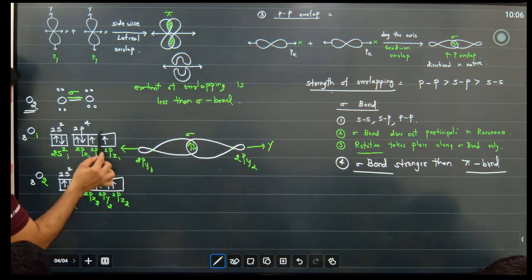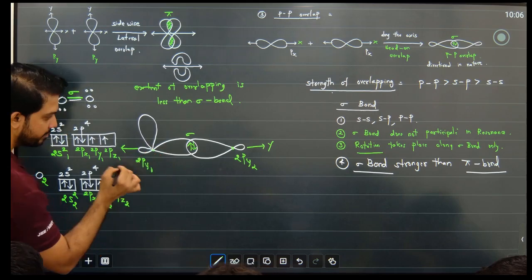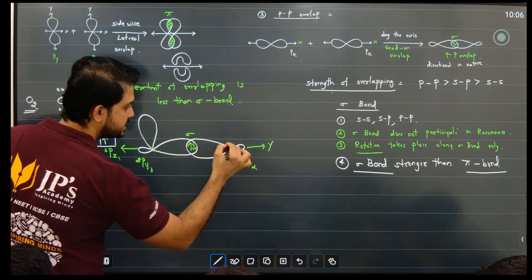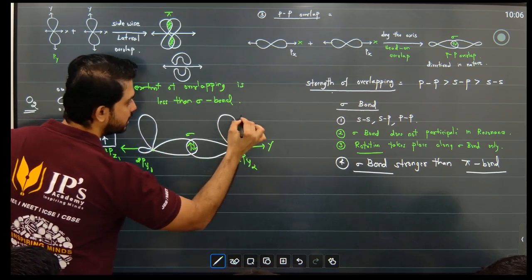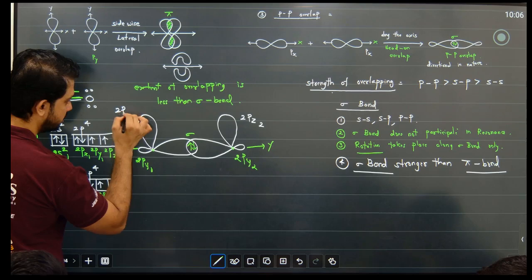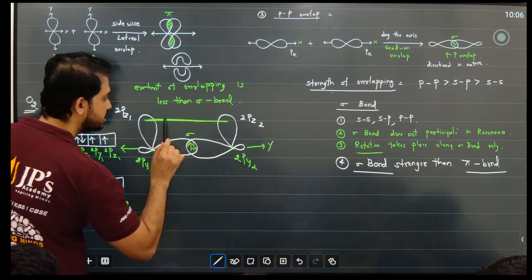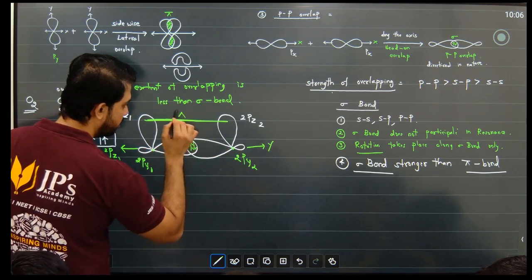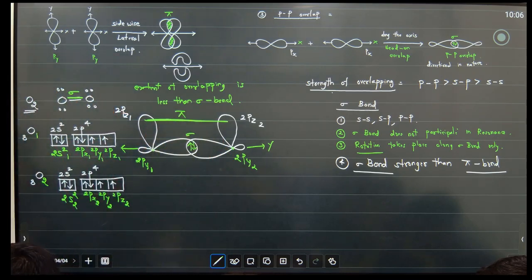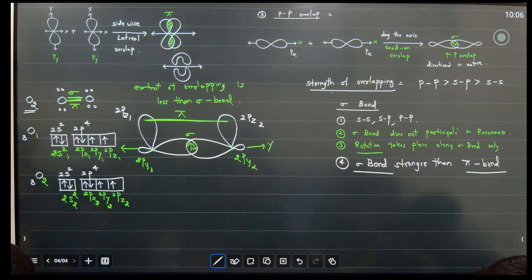So Z-axis, ये 2pz1 और ये सेकेंड ऑक्सीजन का, these will overlap sidewise and they form a, so the second bond here is a pi bond.